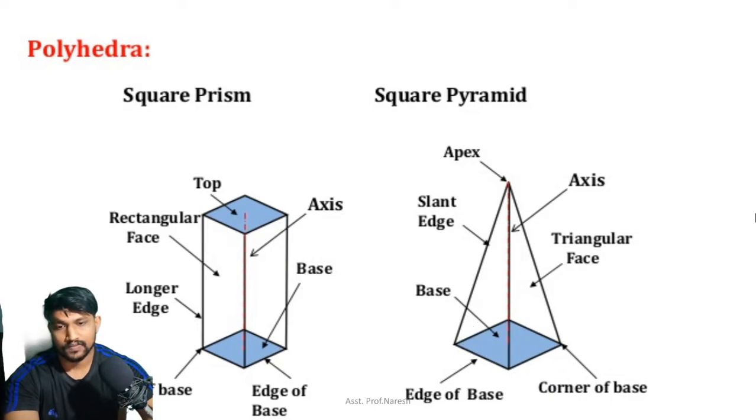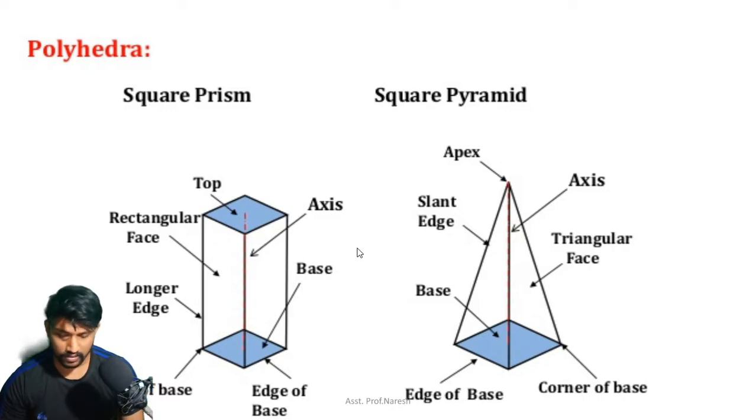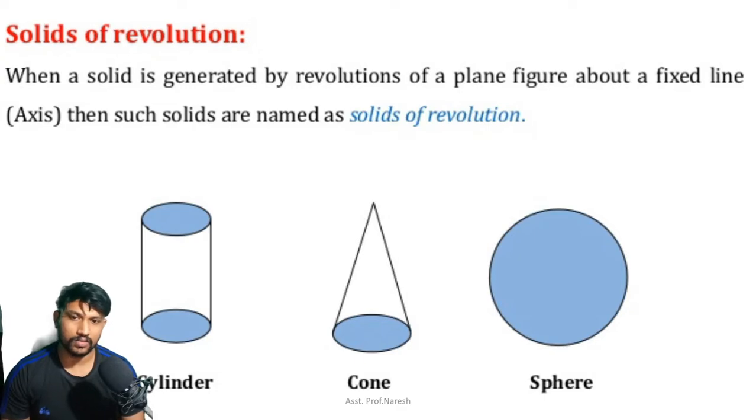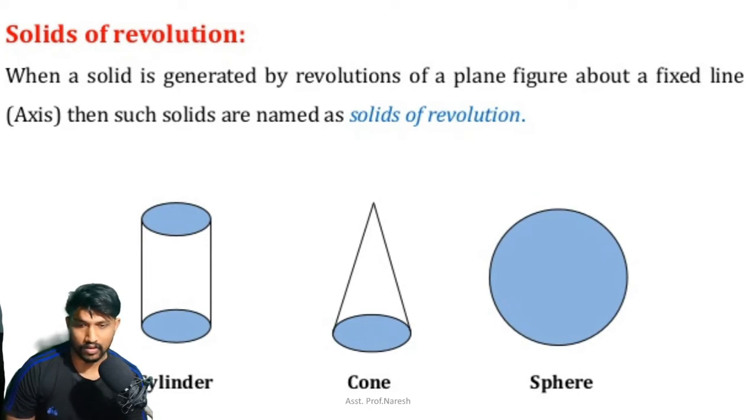So this is some of the nomenclature and properties of these polyhedra. And the next one is solids of revolution. When a solid is generated by revolution of a plane figure about a fixed line, the axis, such solids are named solids of revolution.